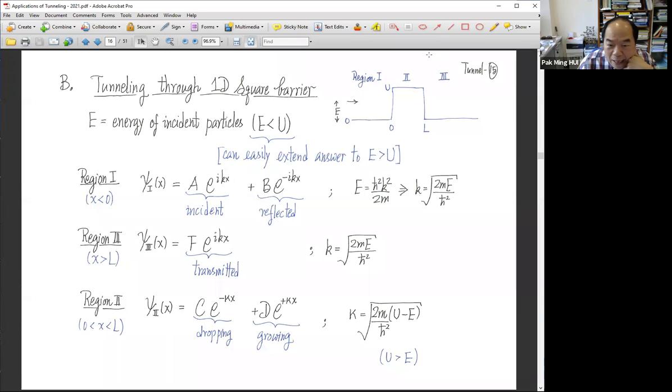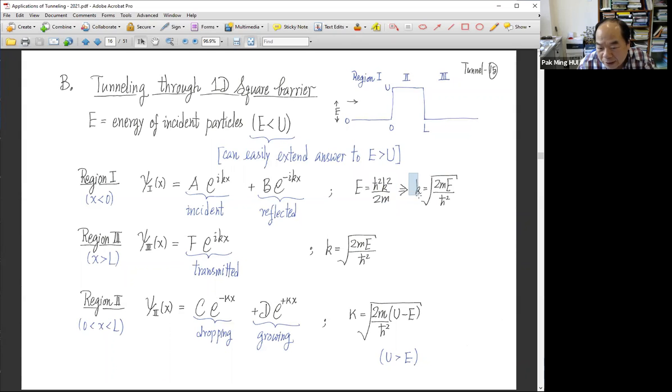So we write down the wave function in region 1, 2, 3. In region 1, you have an incident and a reflected one, thereby we have our standard thing. Just to remind you, the k is given by the dispersion relation, the energy-k relationship. It is 0 potential here, thereby it is like this, a free particle.